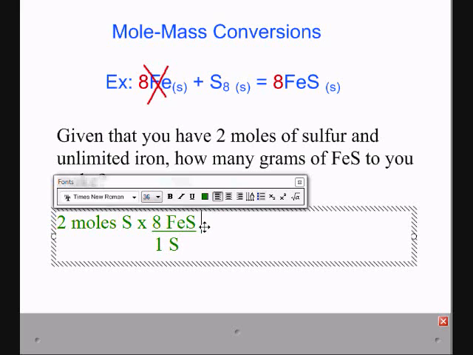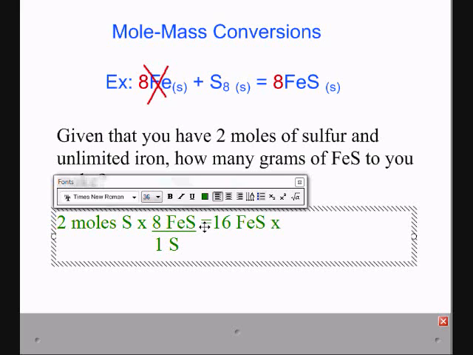Very good. Now if I go ahead and just multiply that there, so it's not confusing, right? 2 times 8 is 16, divided by 1 is still 16, so I get 16 moles of iron sulfide. But that was not the question. The question was, how many grams do you get?